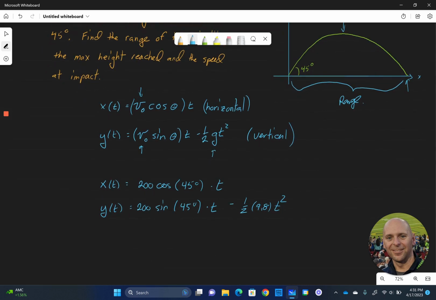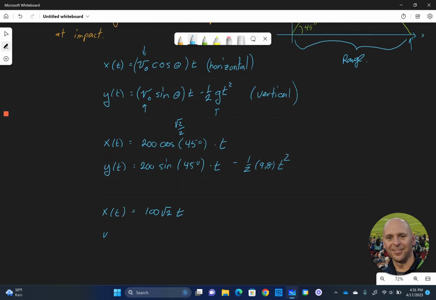And lastly, let's go ahead and complete that simplification here. So x of t, that horizontal component, is going to be 200 times cosine 45, which is root 2 over 2. So this is going to be 100 root 2 t. And y of t is going to be, again, sine of 45 is root 2 over 2.